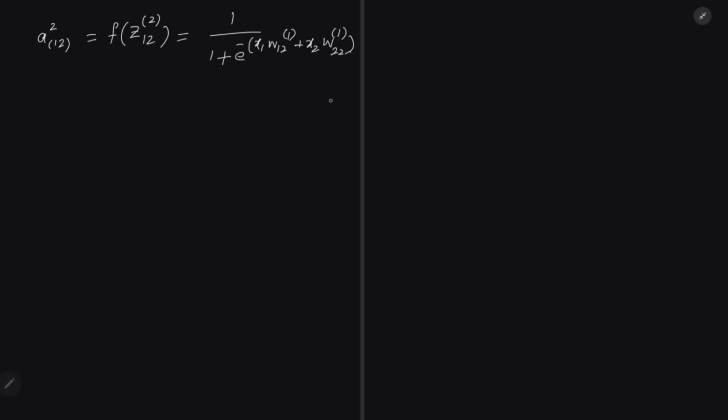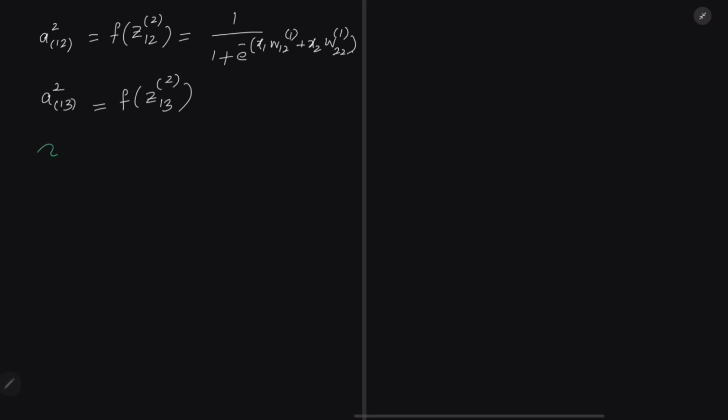Okay. Then we similarly can write A213. I think you can just see how the value can be replaced in the activation function Z213. Whatever activation function you choose. So here we get all these values.